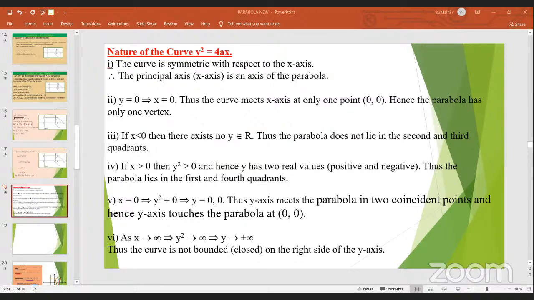To construct a parabola, what we always need is a point which is fixed and a straight line.